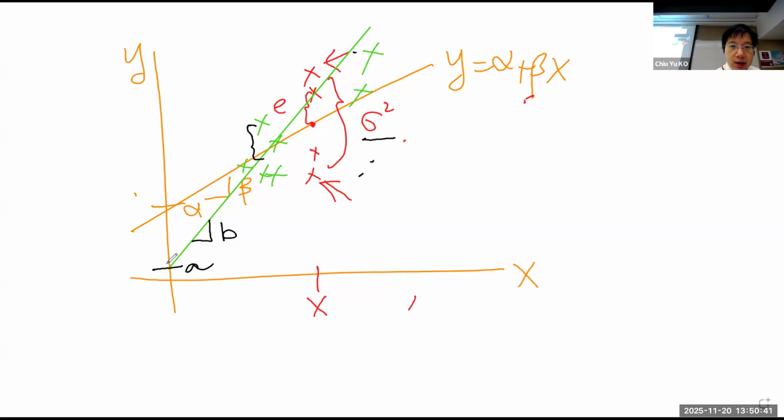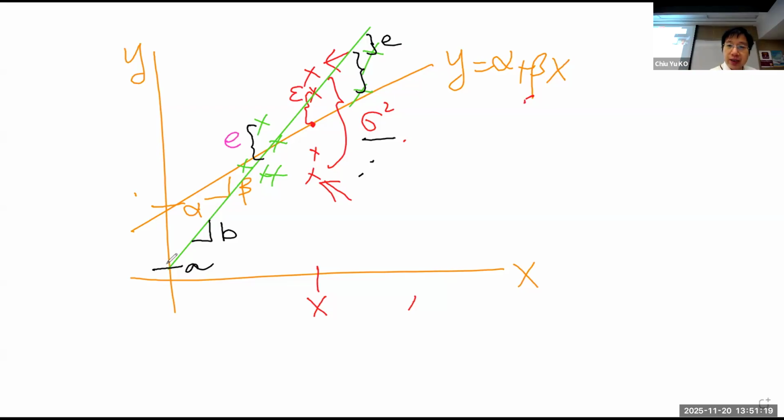Sorry, I made a mistake: these are called epsilon, these are errors, but our residuals are actually these, residual E. And our E is very similar to epsilon. But E is based on the line you drew, because you never know the red or the orange thing, because you can only estimate the green.